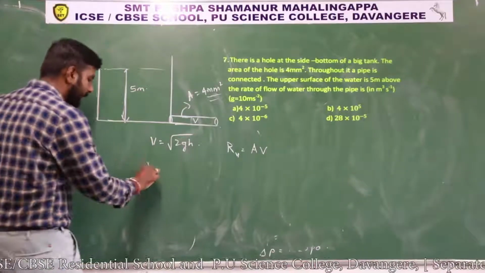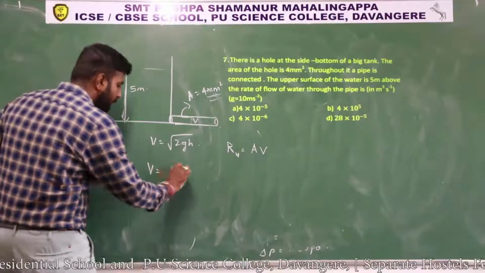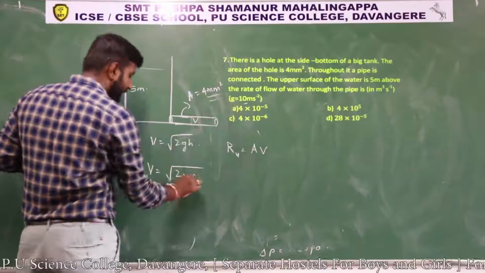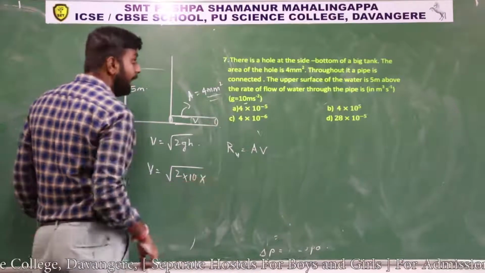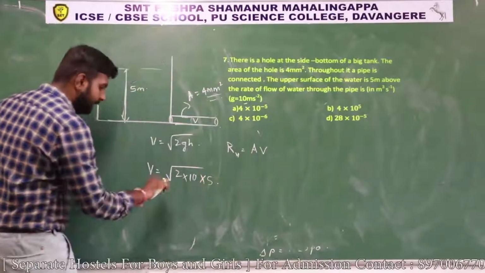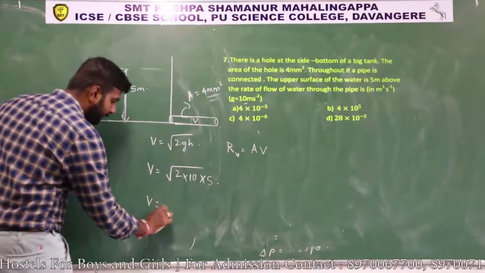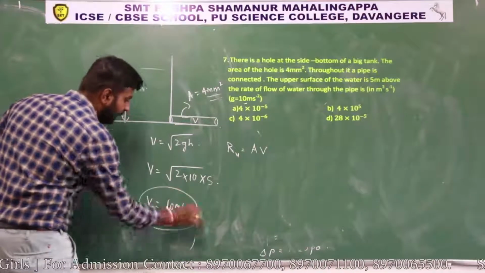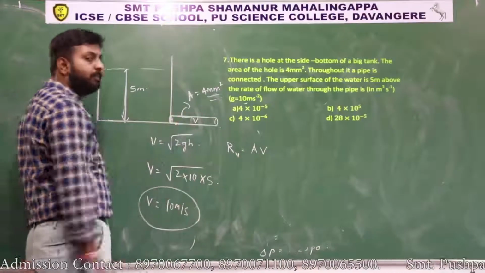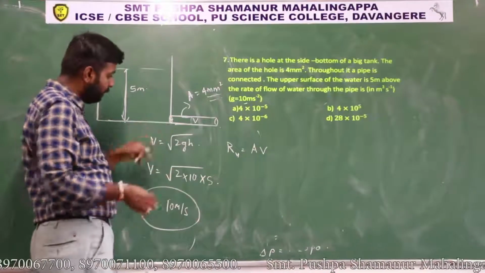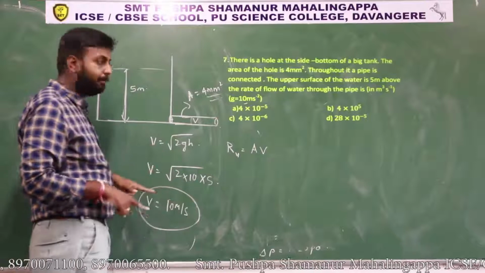So let us first calculate root over 2GH, 2 into G value, which we take as 10 meter per second square, and H we consider as 5. Then we will get the V value as 10 meter per second. So the speed of efflux, the speed at which the water is coming out from this opening, we got 10 meter per second.